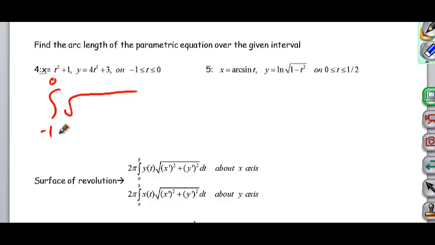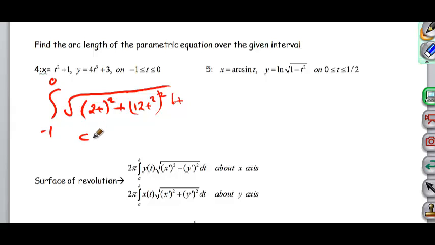Change in x is talking about the derivative, so dx/dt, so 2t squared, plus the change in y, so plus 12t squared, and then just dt. And the funny thing about this is unless you have a very specific perfect square trinomial somehow in here, this square root's not going to do much.